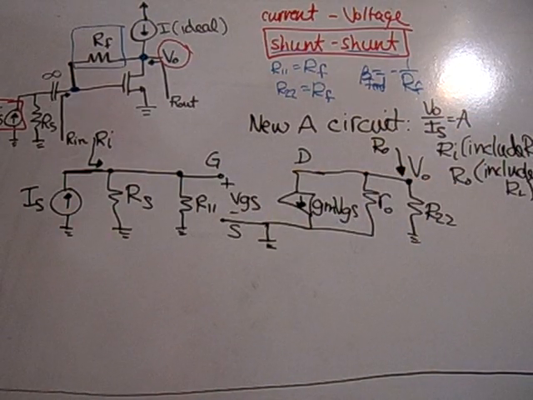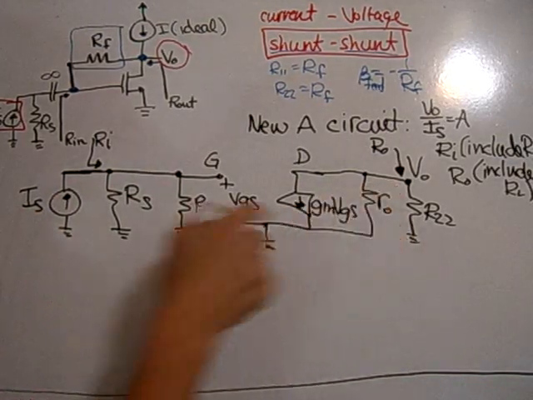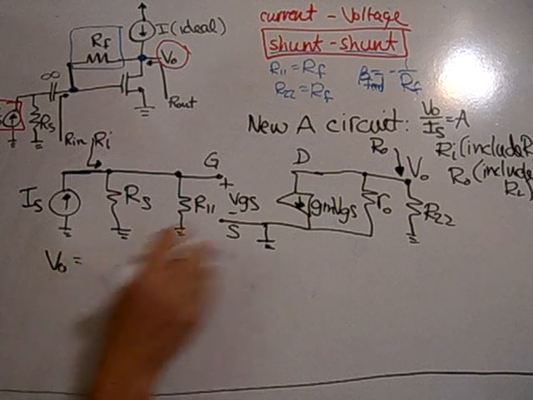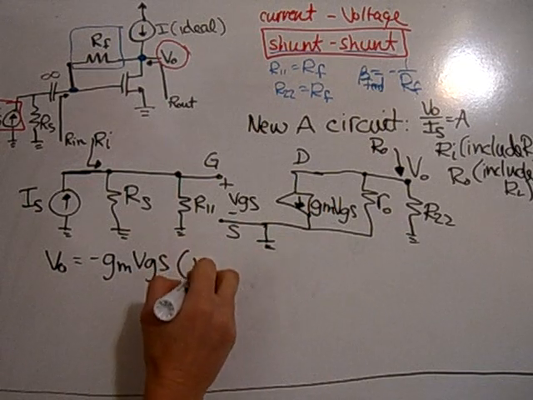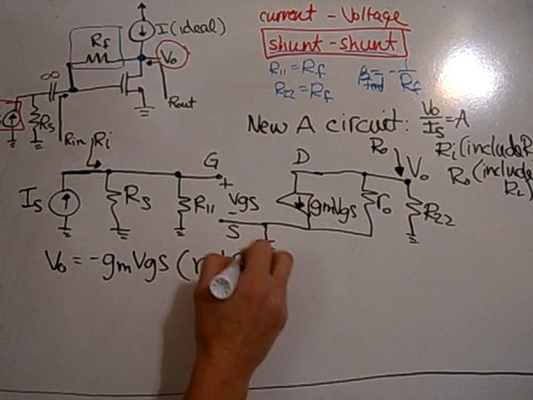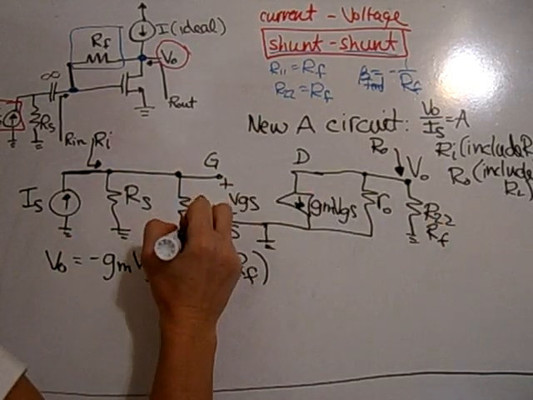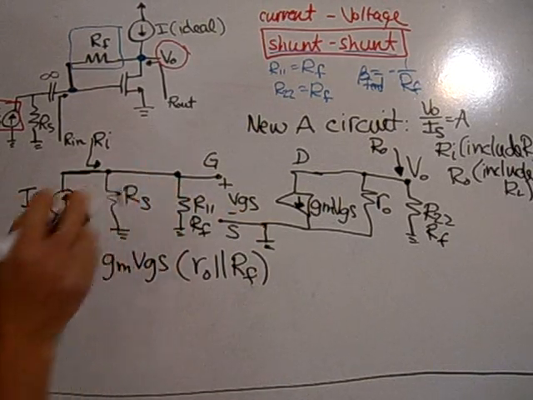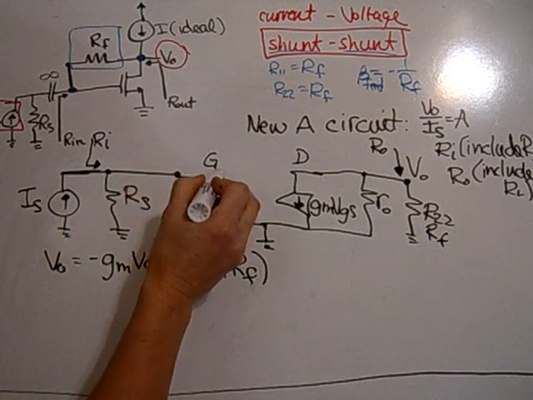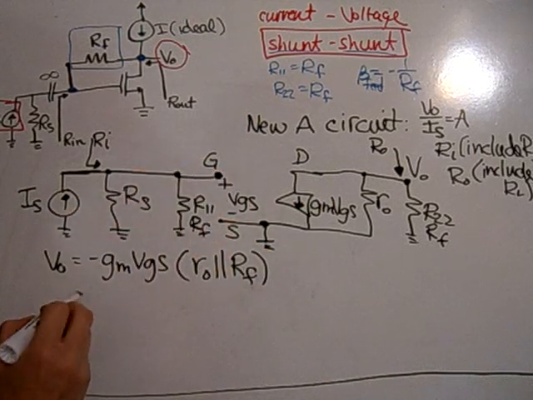So now I want to analyze this circuit. I need to get V0 in terms of IS. So V0 can be written as a minus the current, minus gm VGS, times these two in parallel: RO in parallel with R22, which is RF. So I'm going to just put those values as RF. Now VGS: IS is a current source in, so I times R will give me VG. And I notice that VS is ground, so VGS will be just VG.